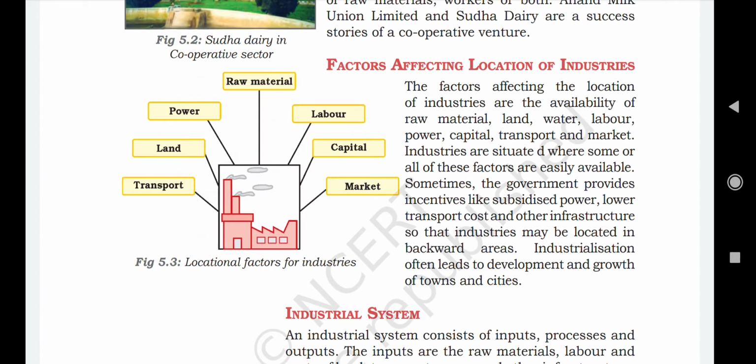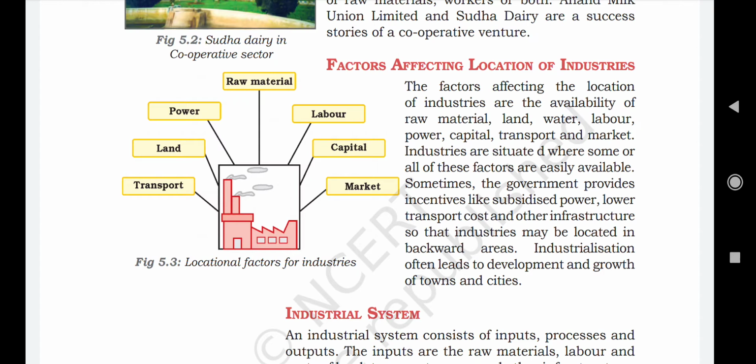Sometimes the government provides incentives like subsidies, power, lower transport costs and other infrastructure, so the industries may be located in backward areas. Why in backward areas, and why do they give subsidies and lower transport cost? For the development of those backward areas.